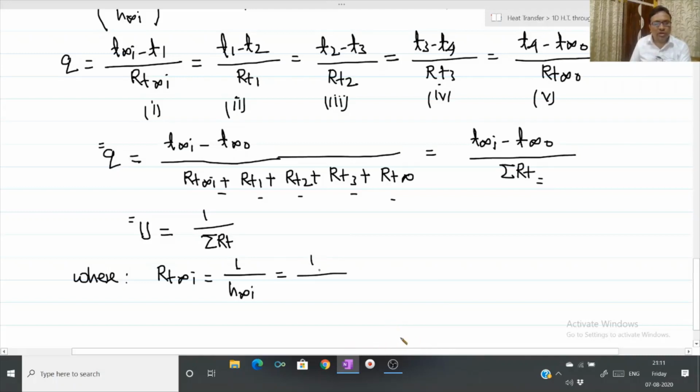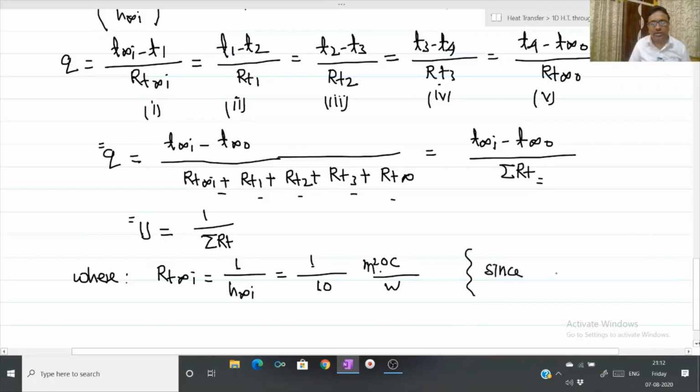So 1 over the value of H infinity I is nothing but 1 over 10, and its unit will be degree Celsius per watt. Since I am taking per unit area, its unit will be meter square degree Celsius per watt.